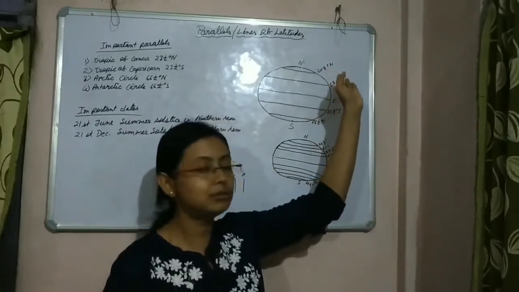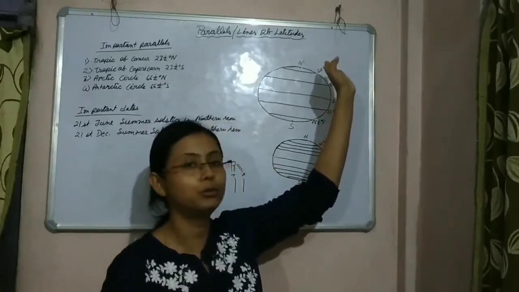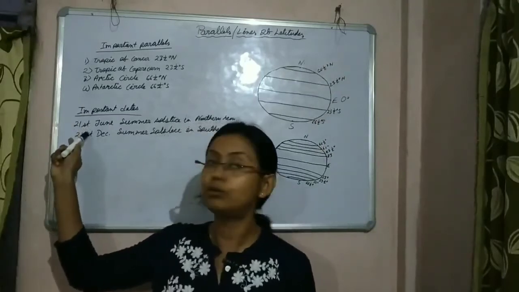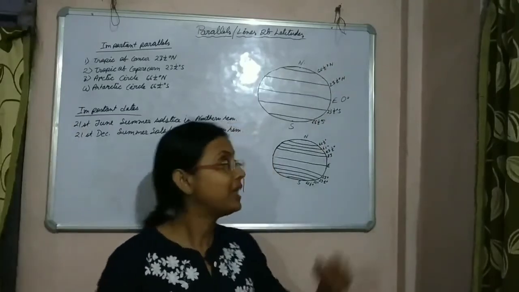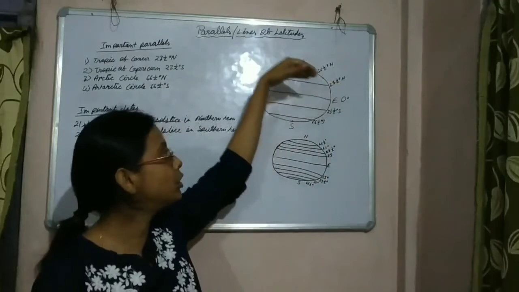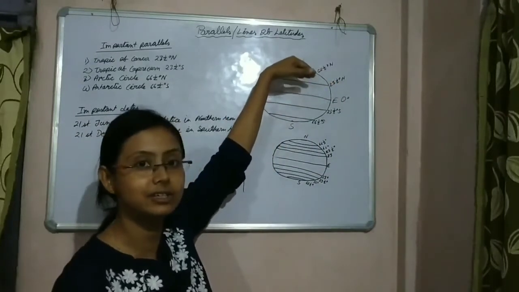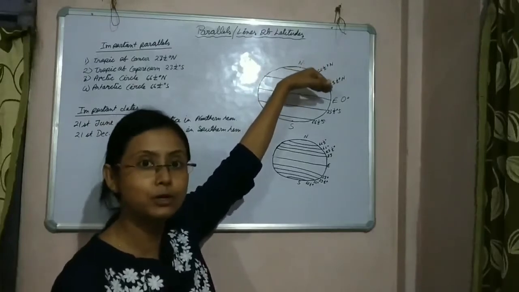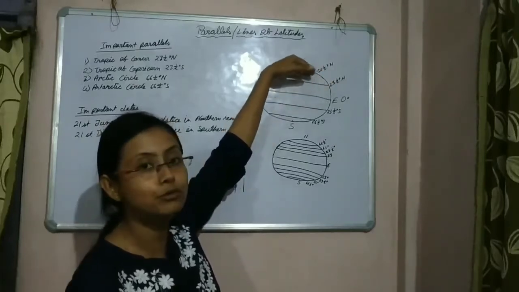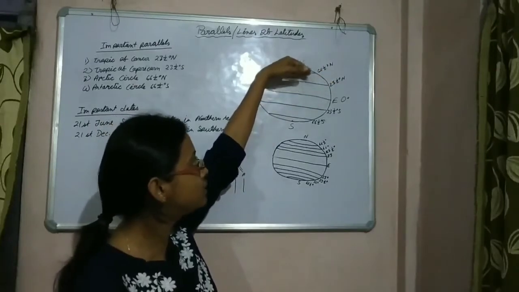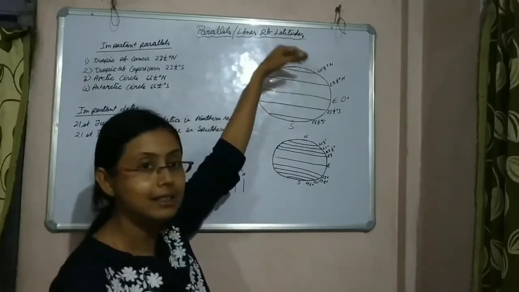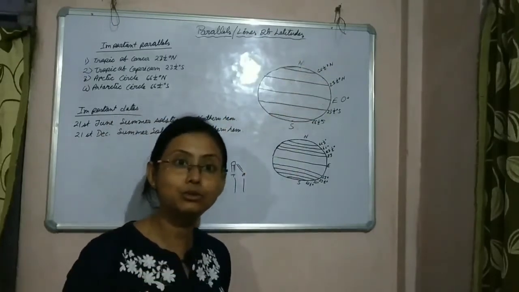So this 6 months day period of the North Pole starts on this day, 21st June. On 21st June, sun rays fall directly over the Tropic of Cancer.